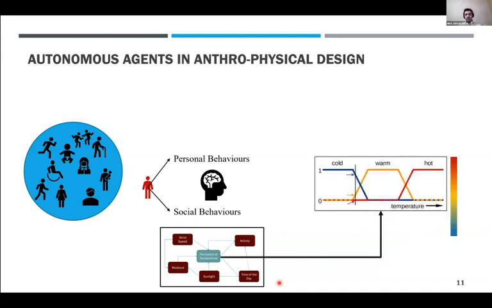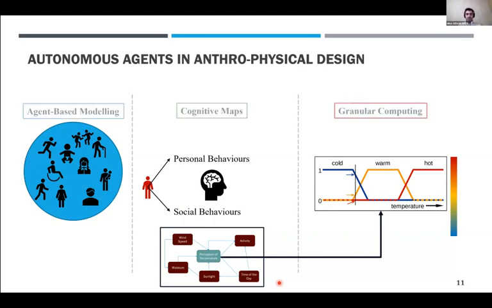And each of these is defined by the fuzzy sets that we were talking about earlier. So the weather can be cold, warm, hot, depending on how they perceive the temperature. These autonomous agents, or digital twins of humans, combine three different concepts.